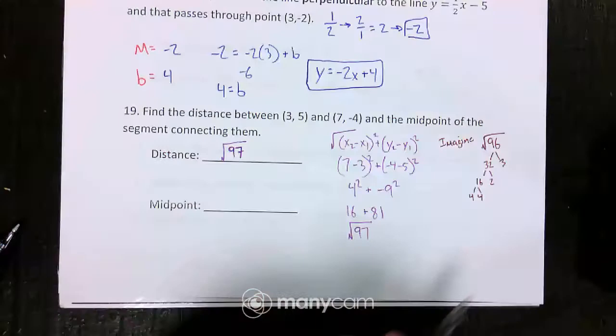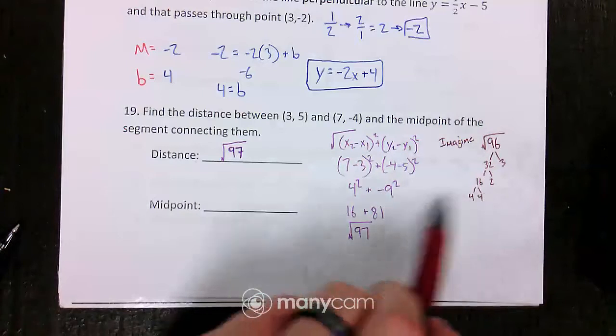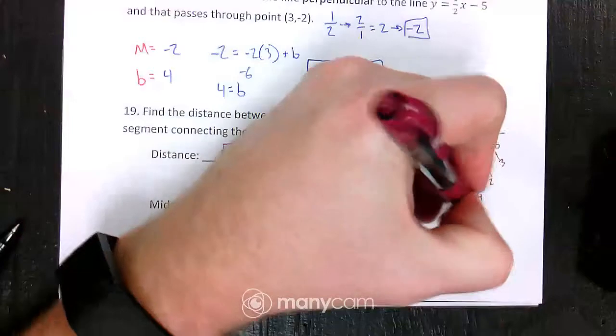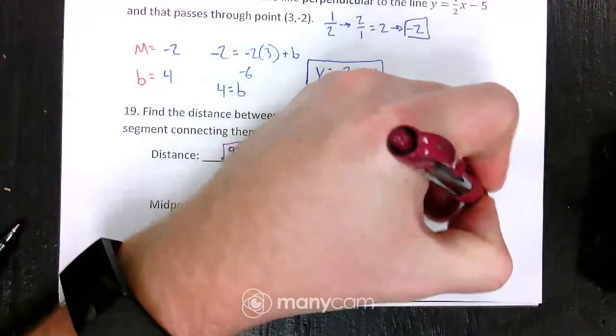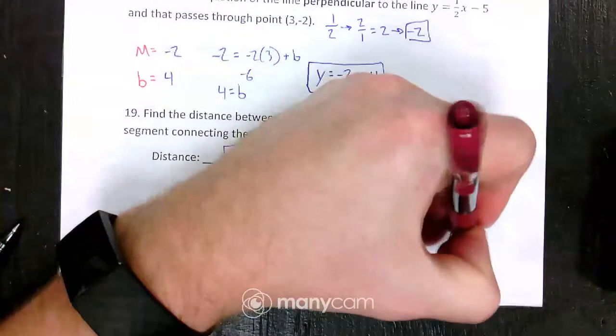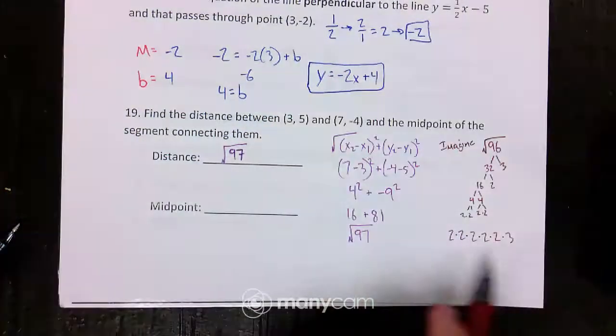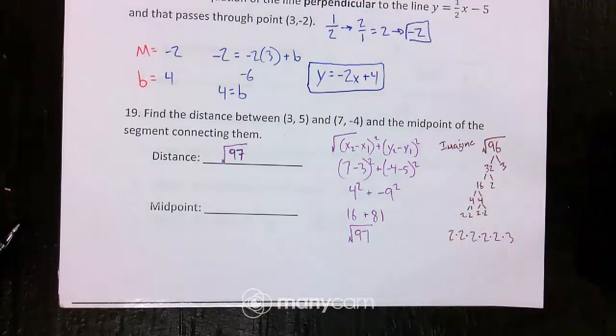Okay, now check this out. I could break these down even more. I don't have to. As soon as you get a pair, you can take it out. But let's break it down anyway. 2, 2, 2, 2. So if I wrote all of these numbers out, I'd get 2, 2, 2, 2, 2, 3. If I multiplied all those together, I get 96, okay?